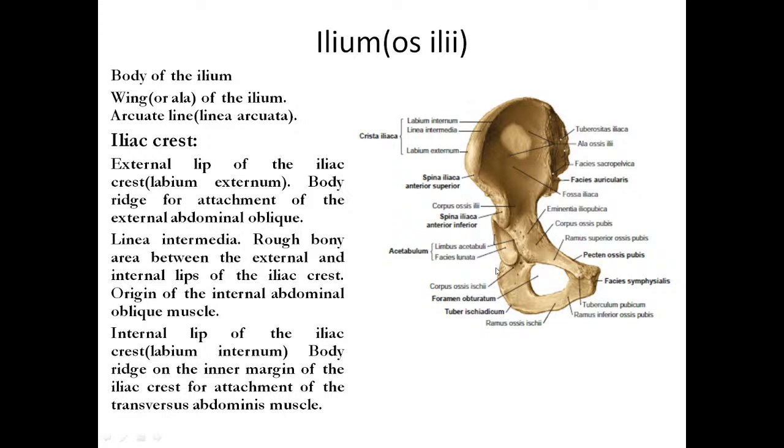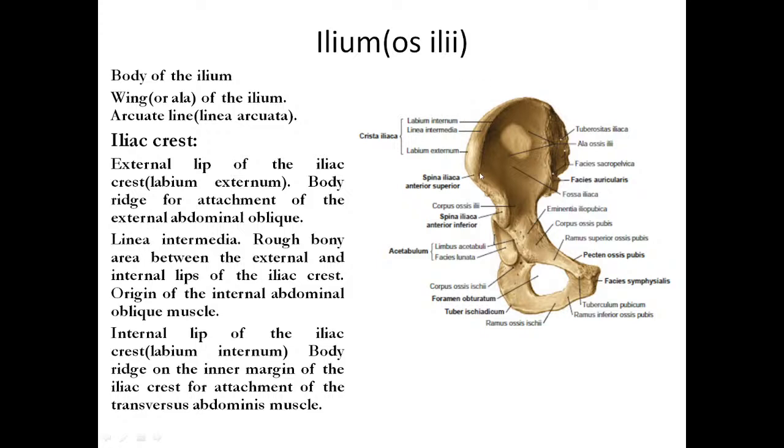Linea intermedia is a rough bony area between labium externum and labium internum, the external and internal lips of the iliac crest. Origin of the internal abdominal oblique muscles.